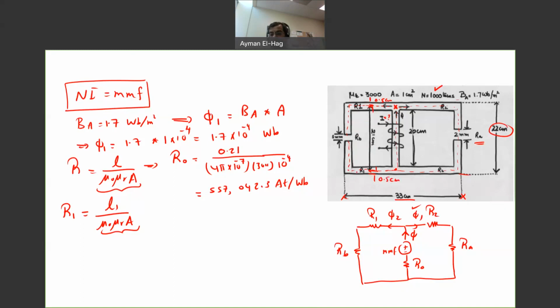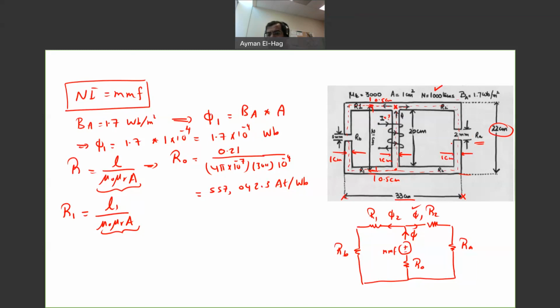So this is 22 centimeters, this is 21 centimeters, and I can know the width. The width here is 1 centimeter, here is another 1 centimeter, and here is another 1 centimeter.